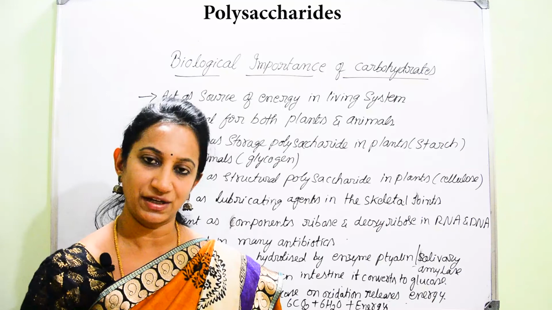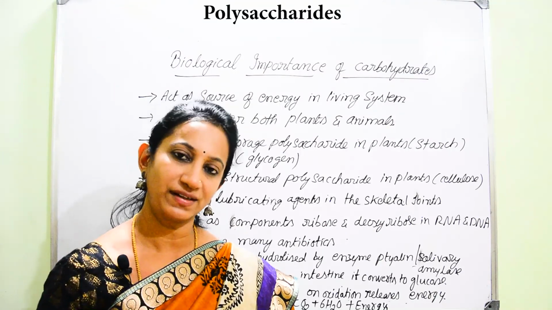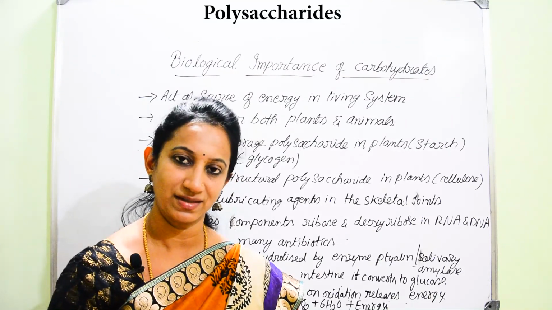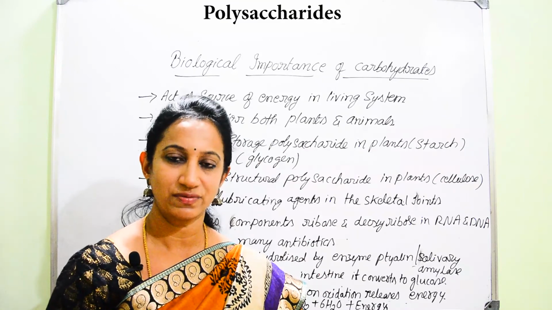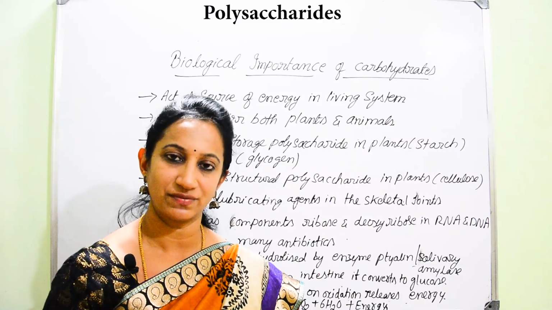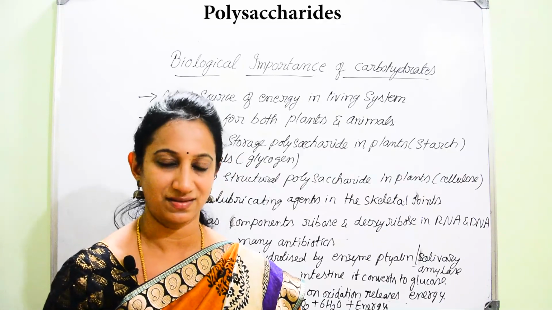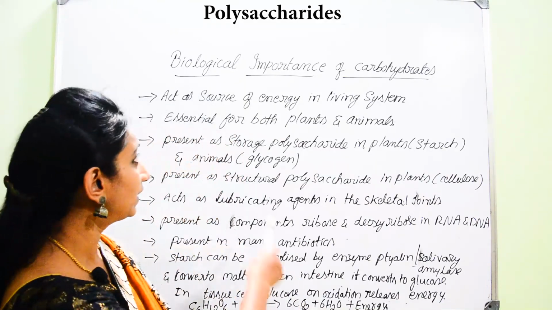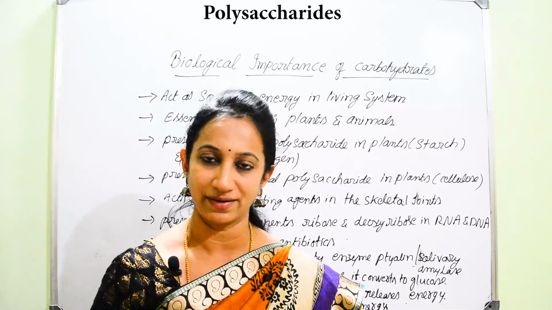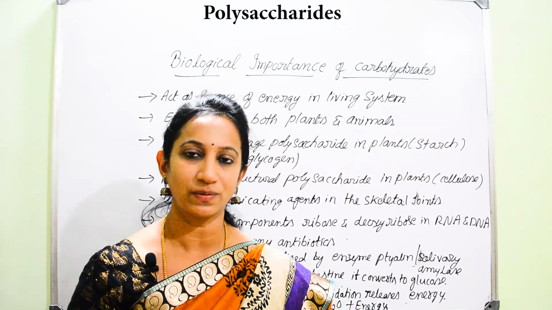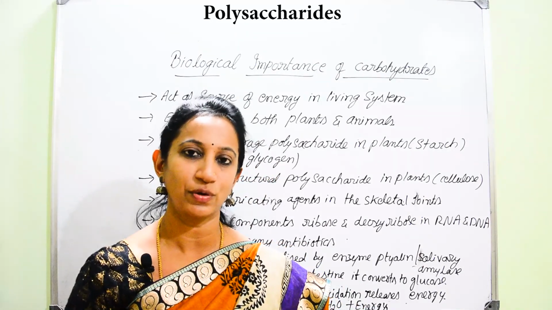That energy is very much needed for different types of biological activities. Hence glucose is one of the important energy boosters present inside our body. Without glucose, we are not able to exist. So that is regarding the biological importance of carbohydrates. So we can end the topic, carbohydrates in biomolecules.